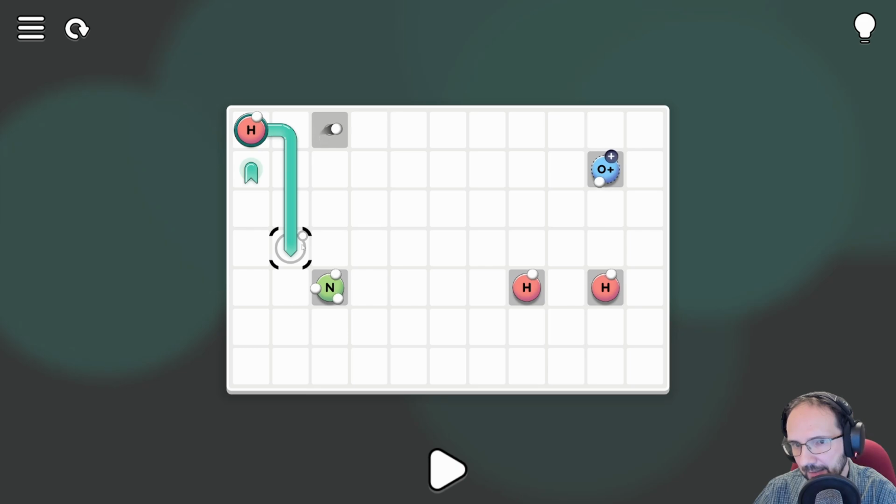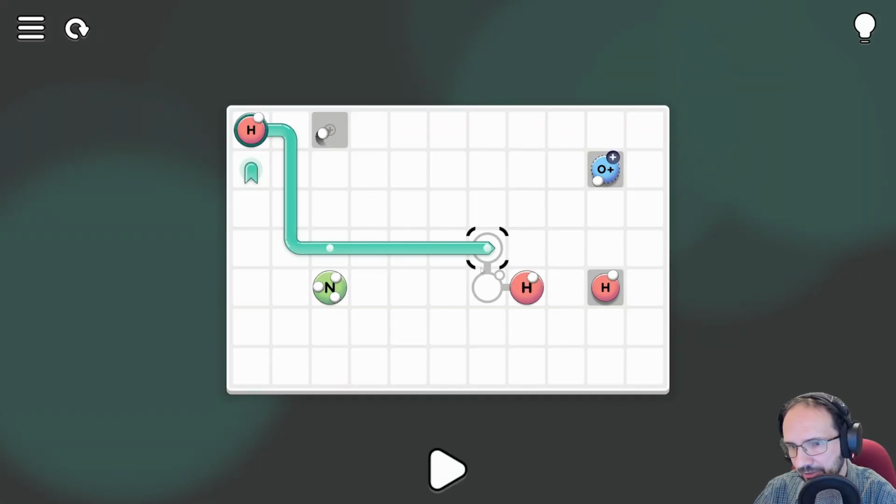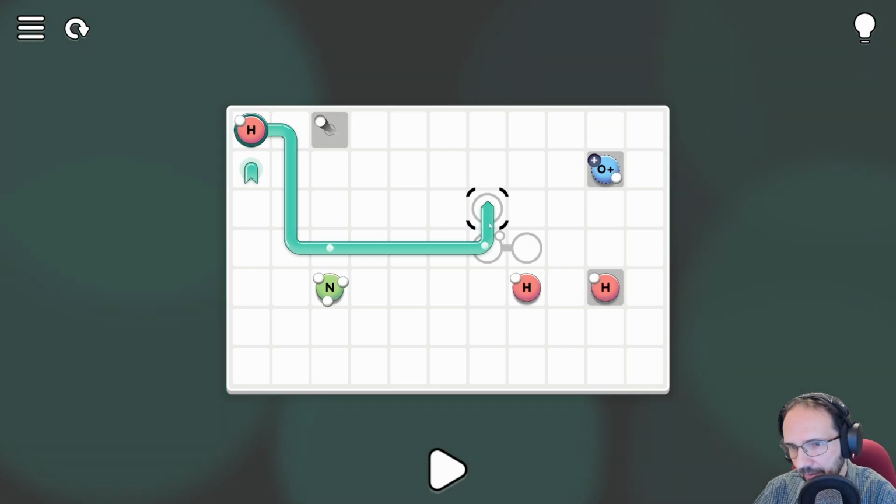And then get out. So we're going to want to pick up one hydrogen so that the oxygen doesn't double bond. We then need to think about how the heck we're going to get out.